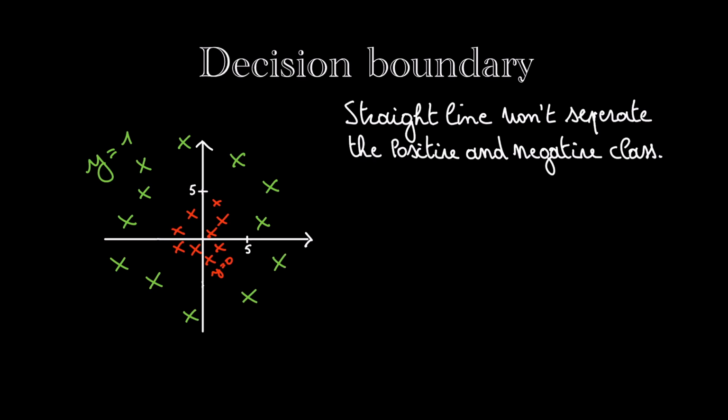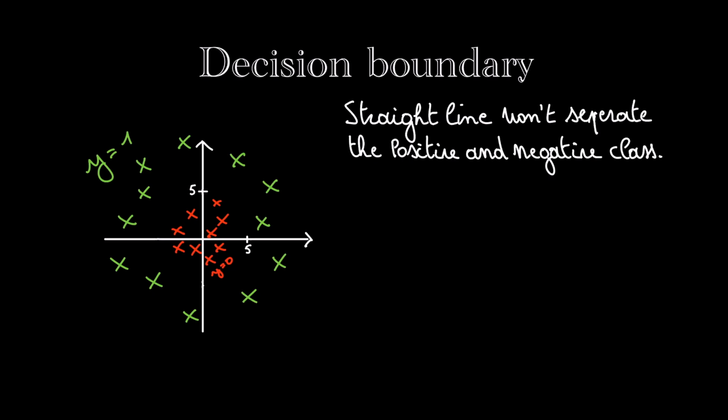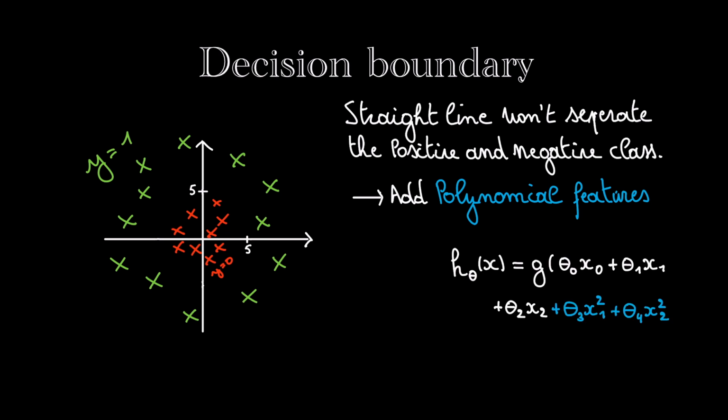Yes, indeed, if you have seen the video on our channel, you know we could solve this by adding polynomial features. If we add some higher order polynomial features, we can capture the nonlinearities in our data. Now, we could for example get these values for theta, which give us the following decision boundary.